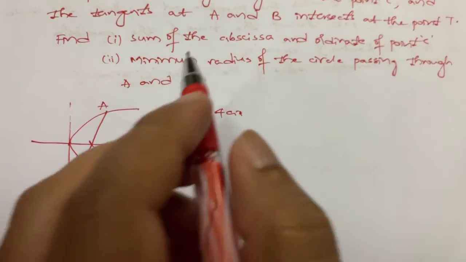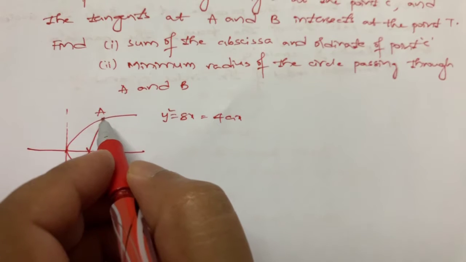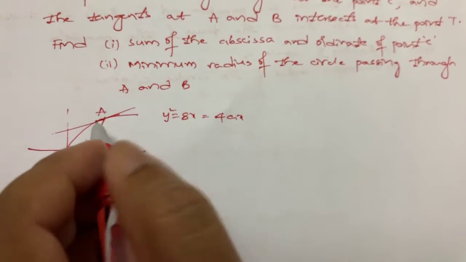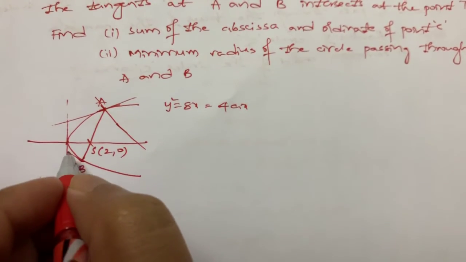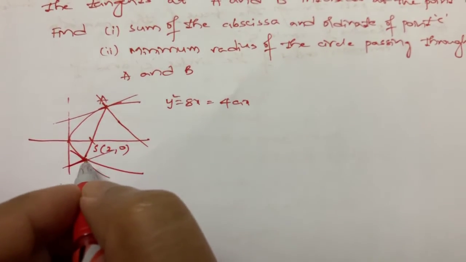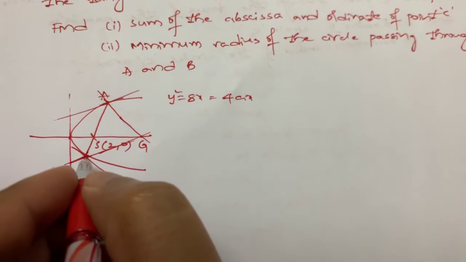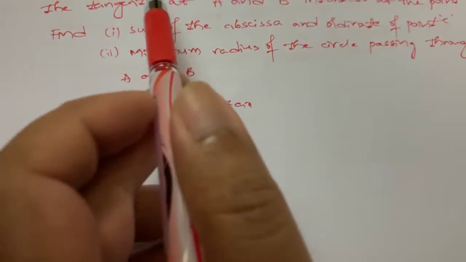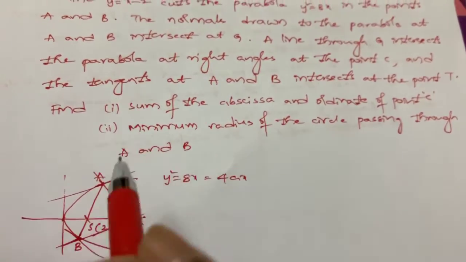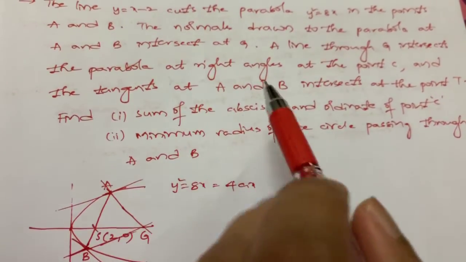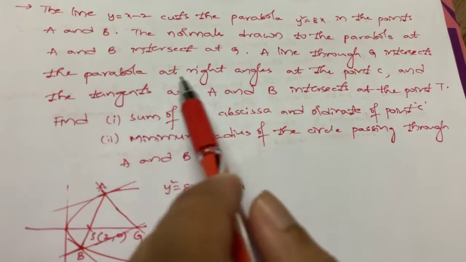The normals drawn to the parabola at A and B intersect at G. So if I draw the tangents and the normals, the normals will intersect at some point G, and then through G, if I draw a line, it will intersect the parabola at right angles at point C. So at point C, the line drawn through G and the parabola are at right angles.